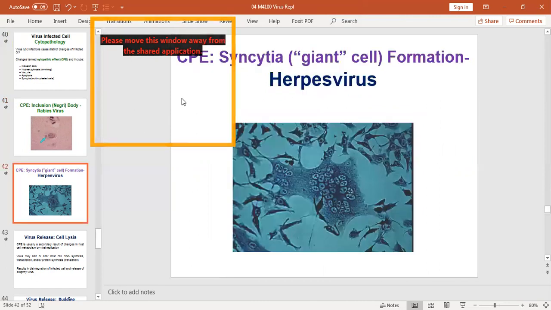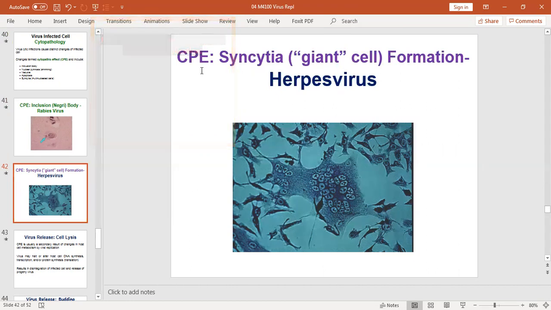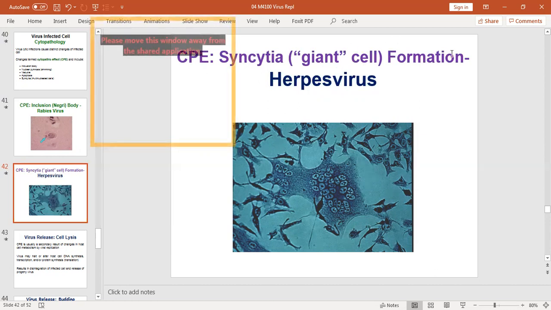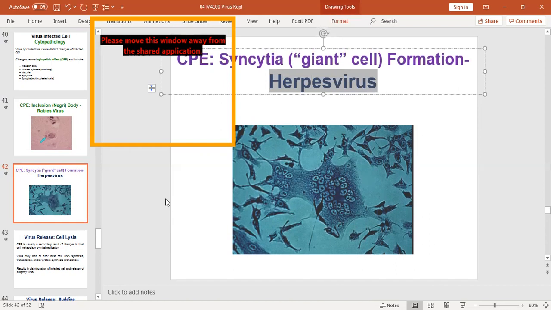Slide number 42 is another cytopathic effect, which is multinucleated cell formation, or syncytia, or giant cell formation. And syncytia or giant cell is one cell with many nuclei, seen during herpes virus infection.